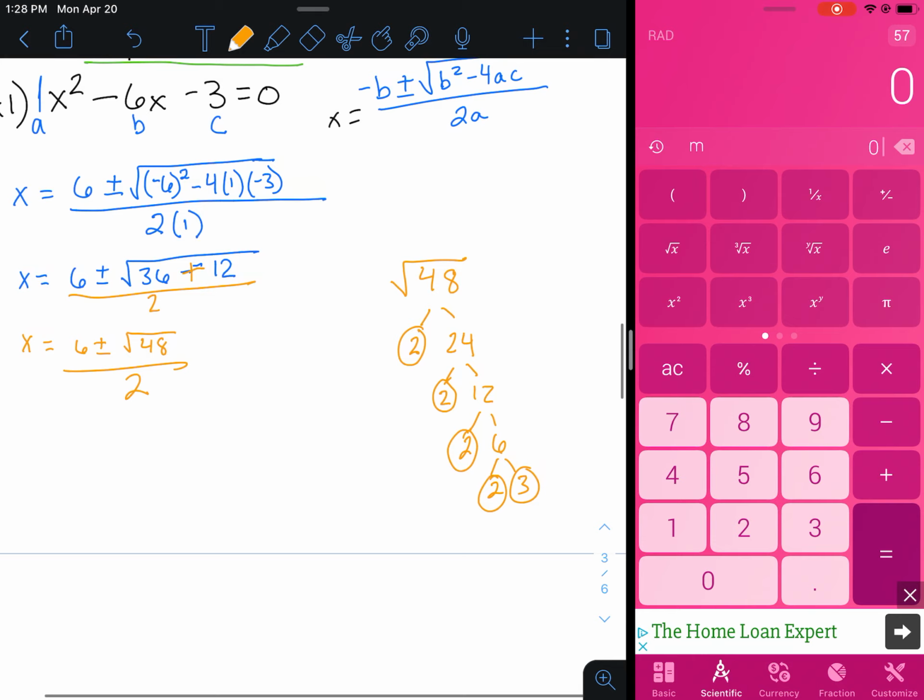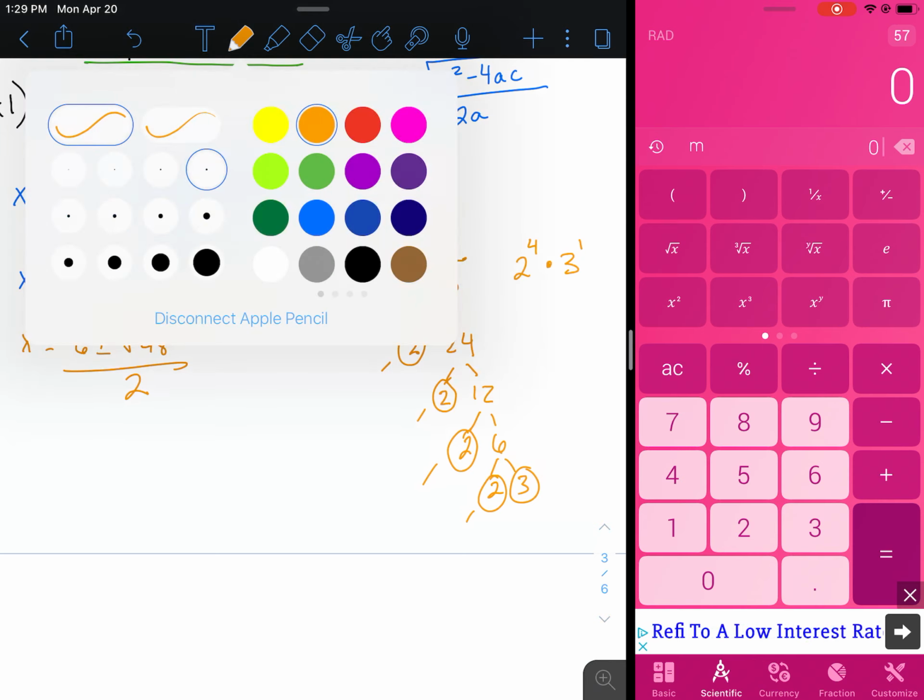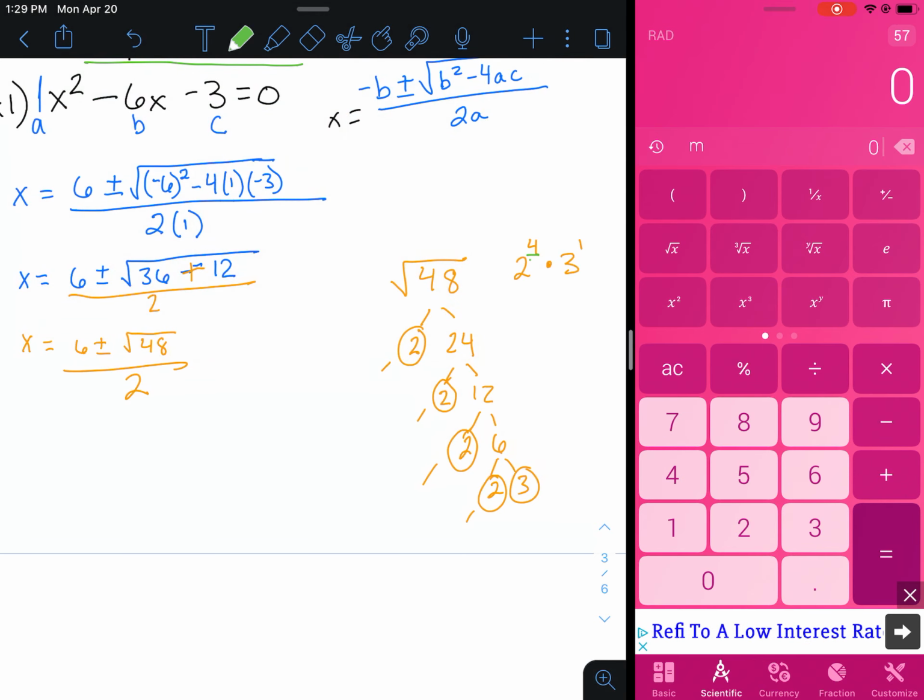Okay, so our prime factorization here ends up being 2, and then we have 1, 2, 3, 4 to the 4th times 3 to the 1st. Remember that back when we were simplifying radicals, whenever we're taking the square root of something, that's the same as saying I am taking half of my exponent.